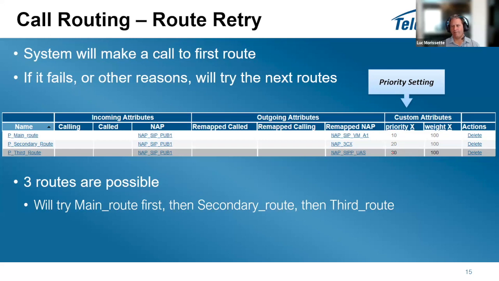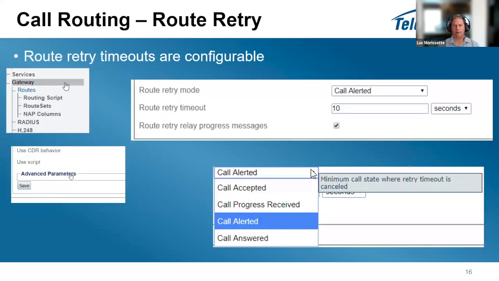There are configurations that we can do for the route retries. These are available in the gateway section, advanced parameters here. So by default, if the call is alerted, right? So alerted is receiving a 180 or 183.